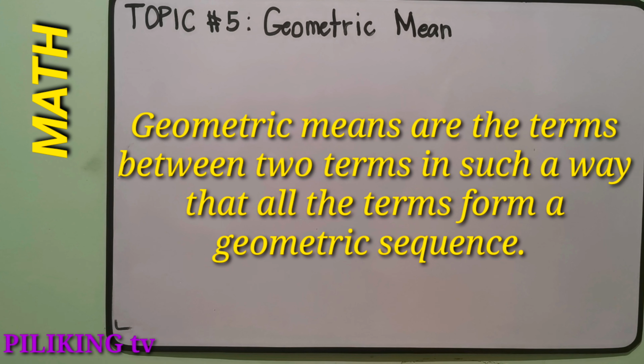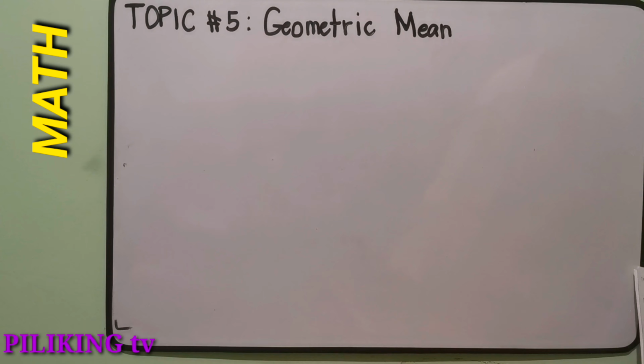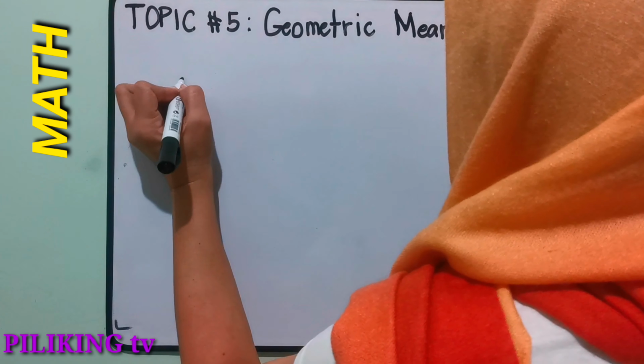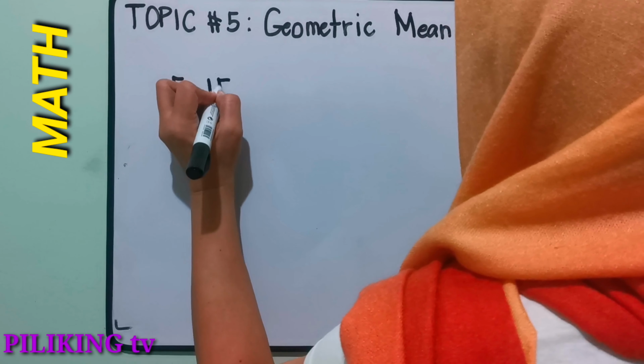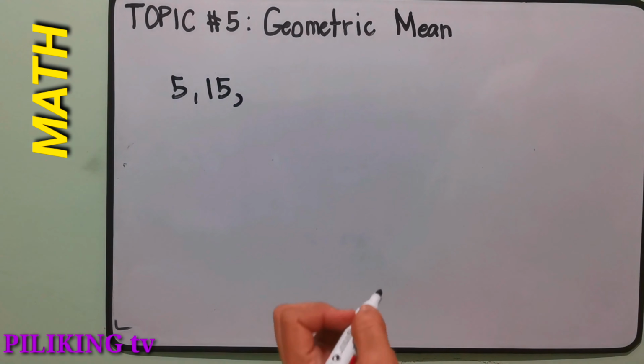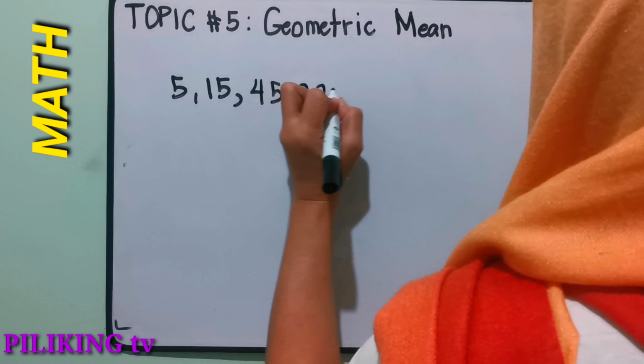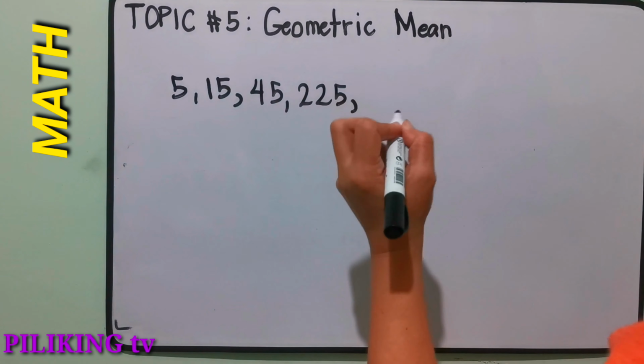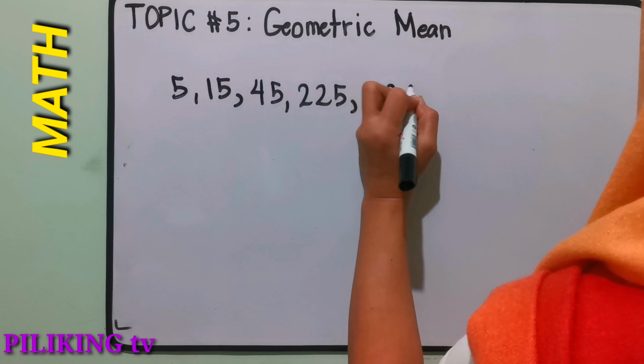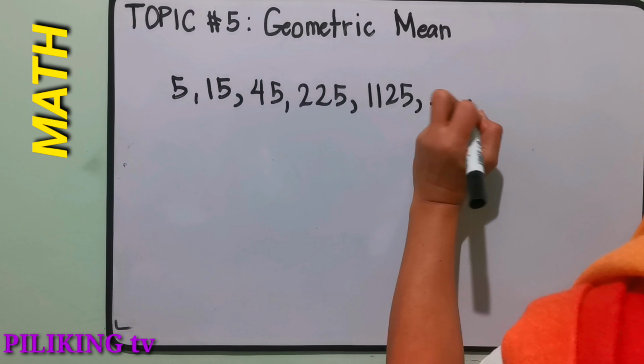Correspondingly, the geometric means are the terms between two terms in such a way that all the terms form a geometric sequence. For example, we have 5, 15, 45, 225, 1,125, and so on.